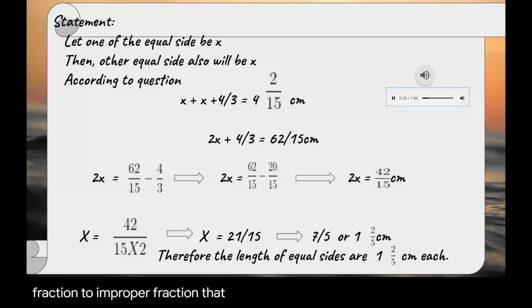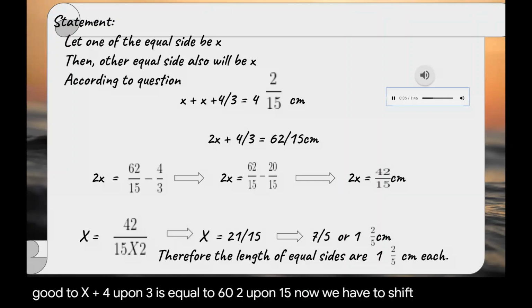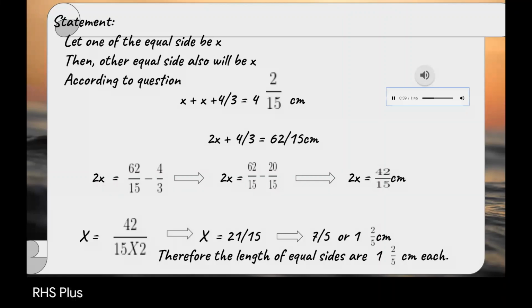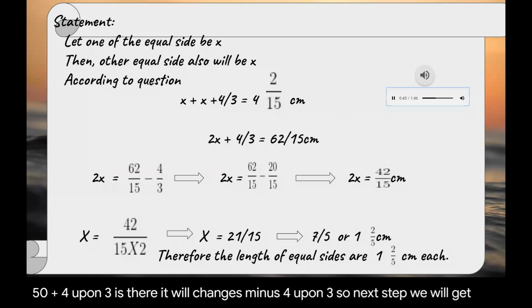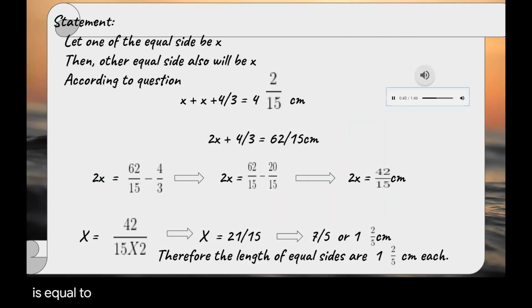That is, 4 2 upon 15 is equal to 62 upon 15. So next step we got 2x plus 4 upon 3 is equal to 62 upon 15. Now we have to shift 4 upon 3 to the RHS. Here plus 4 upon 3 is there, it will change to minus 4 upon 3. So next step we will get 2x is equal to 62 upon 15 minus 4 upon 3.